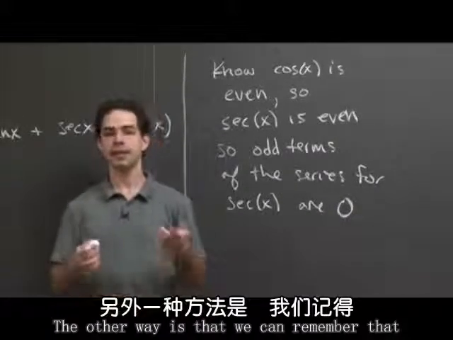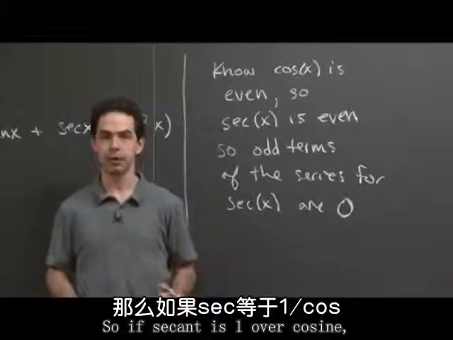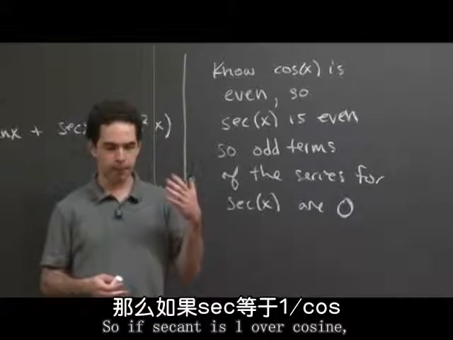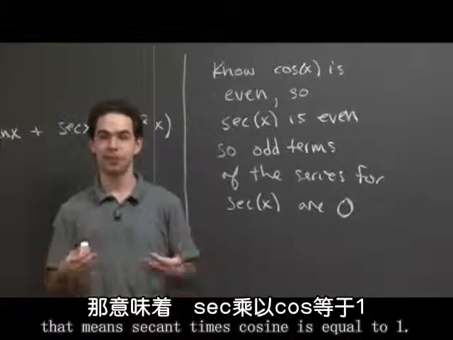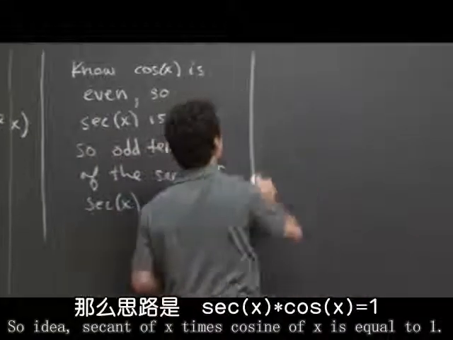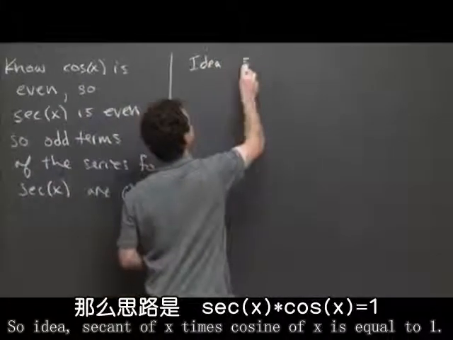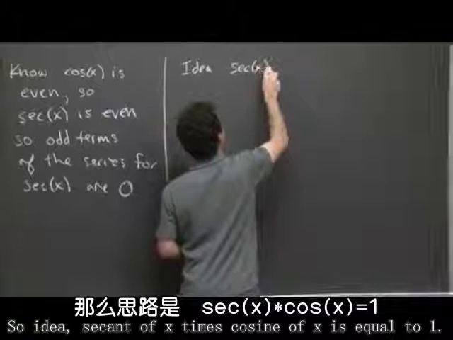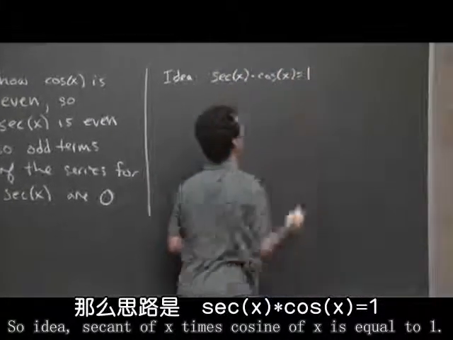The other way is that we can remember that Taylor series multiply just like polynomials do. So if secant is 1 over cosine, that means secant times cosine is equal to 1. Okay? So the idea: secant of x times cosine of x is equal to 1.